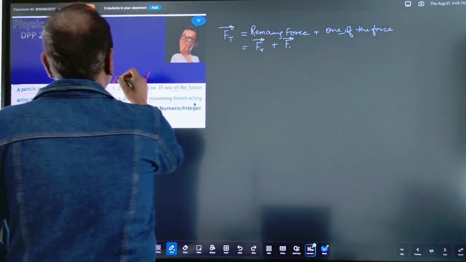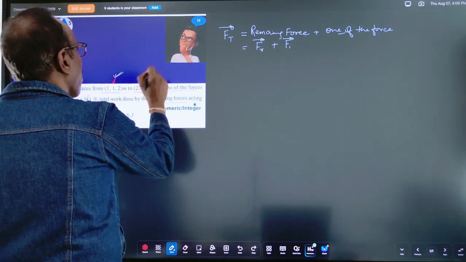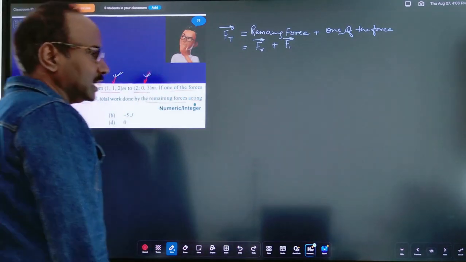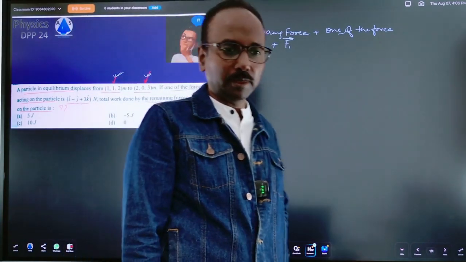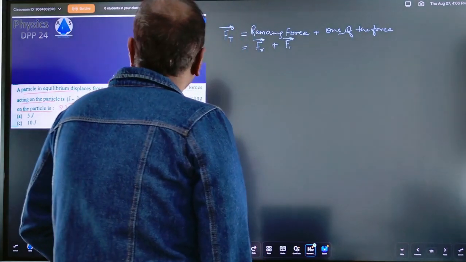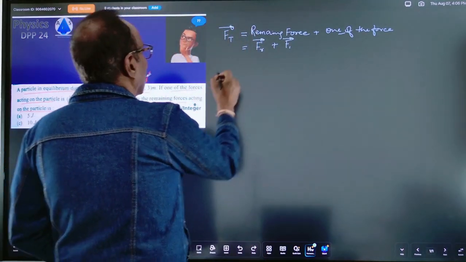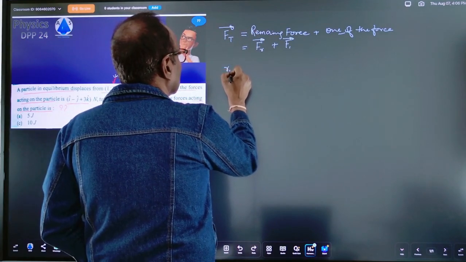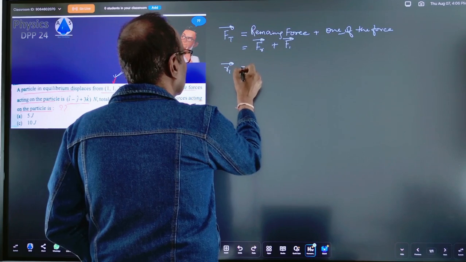Now from these two position vectors, we can obtain the displacement. So what is your R1 as per question?